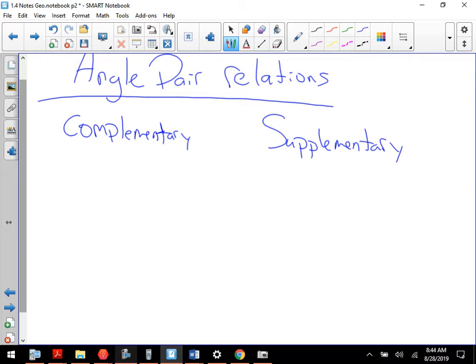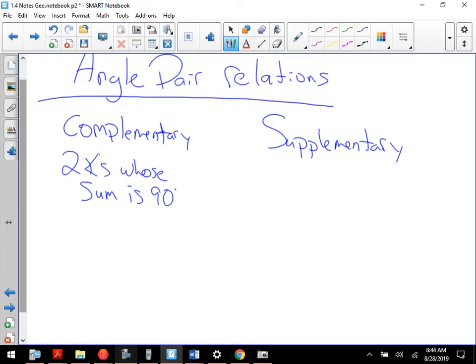90. So the easiest thing to think of is that complementary angles are two angles whose sum, what's sum mean? Good. Two angles whose sum is 90 degrees. Really straightforward.